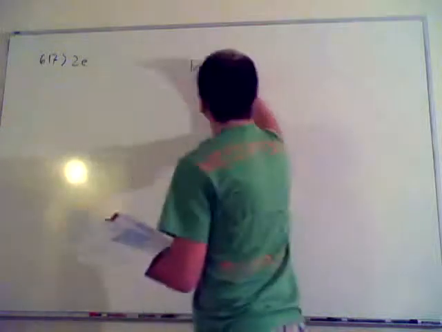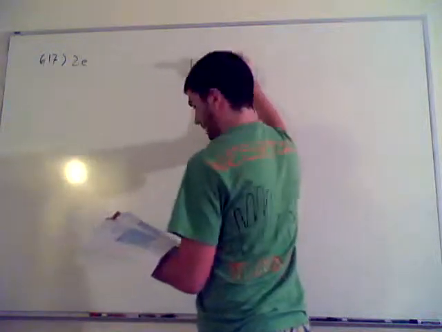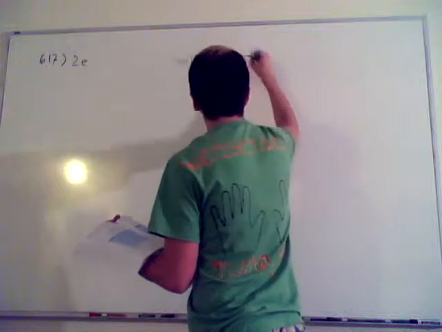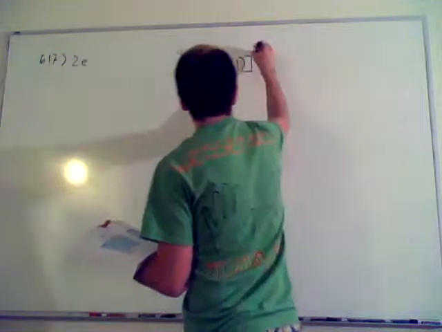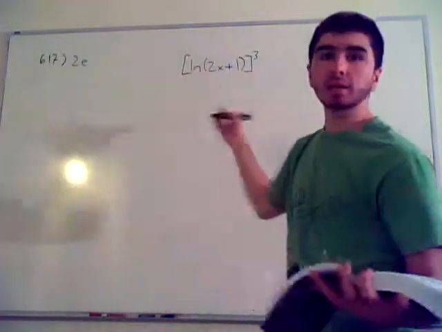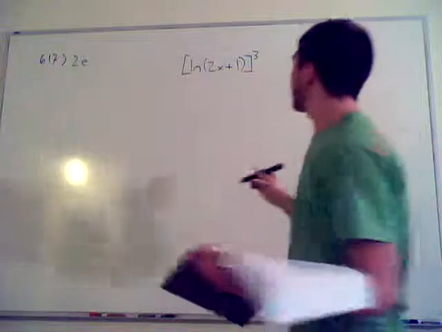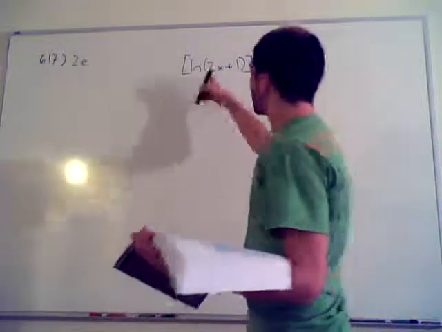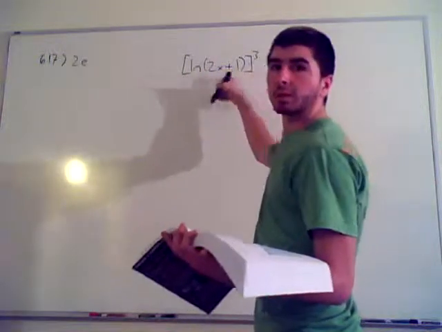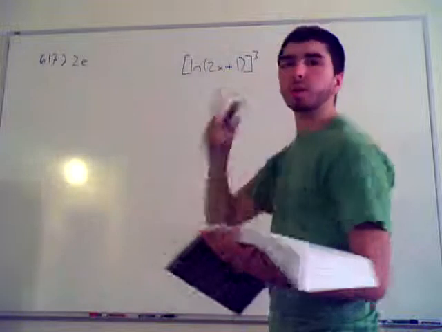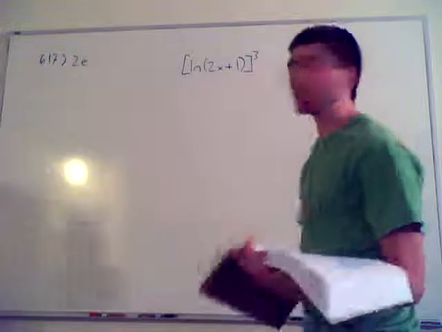Natural log of 2x plus 1, all that cubed. Alright, so this is chain rule. You've got a substitution, something inside cubed, right? It's two operations, two functions really. So use chain rule.